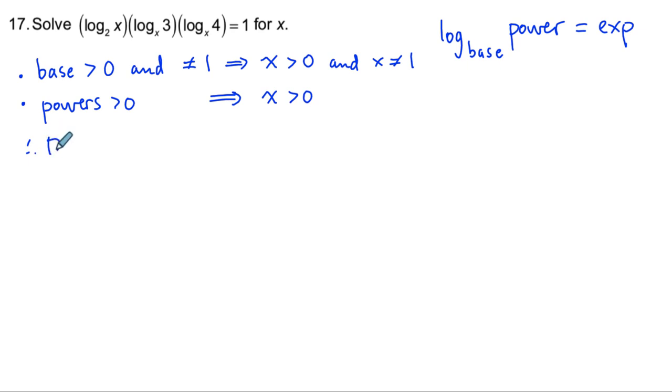So overall, the domain of this equation or function or expression is that x has to be contained from 0 to 1 or from 1 to infinity. So any negative value, 0 value, or 1 value for x is not defined, or it's not a solution.